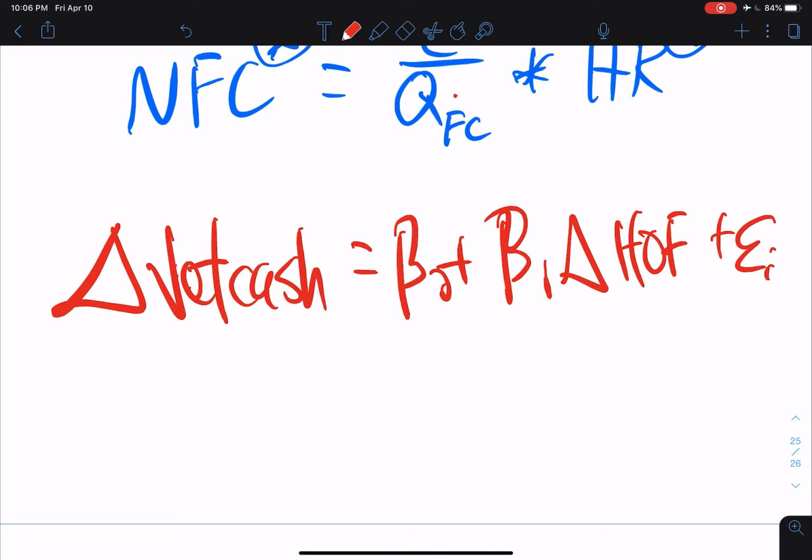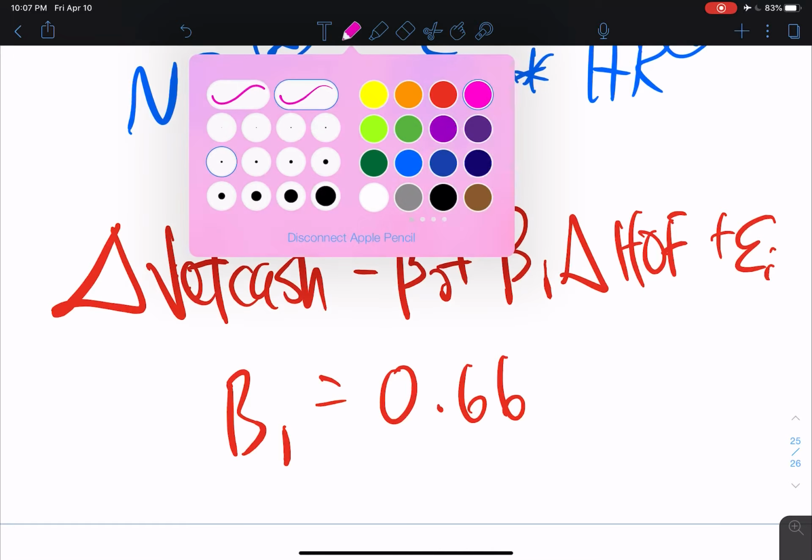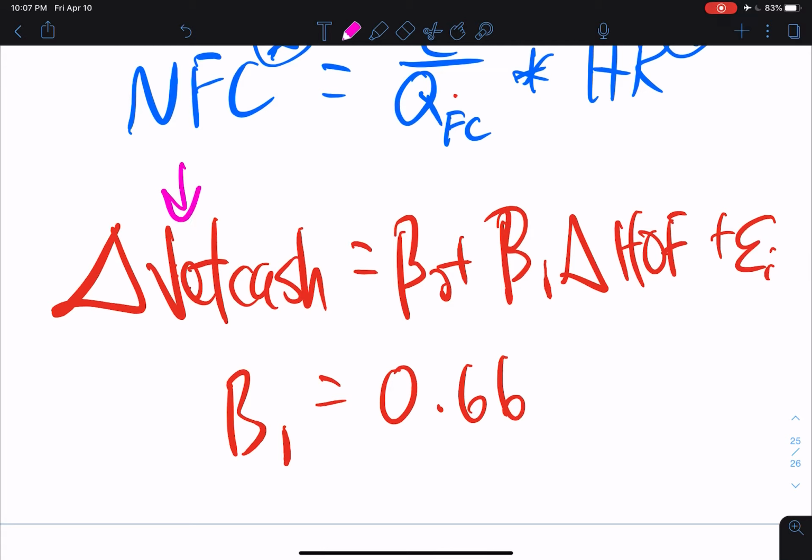When we're done with this, the regression package will spit out a value for beta 1. And let's just say the beta 1 value is 0.66. Again, we had data for January and February and March and April and all the months of the year, and simultaneous observations of jet cash and heating oil futures prices. And this was the beta we got.